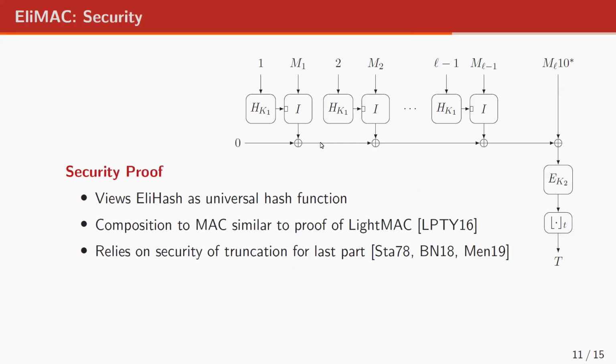I will not discuss the security proof, but it simply takes Eli hash as universal hash function, and then you compose the universal hash with a protection, in this case a truncated permutation, and we just combine some proof techniques. So this is not a very spectacular proof. I will not discuss it, but you can believe me, we prove this.